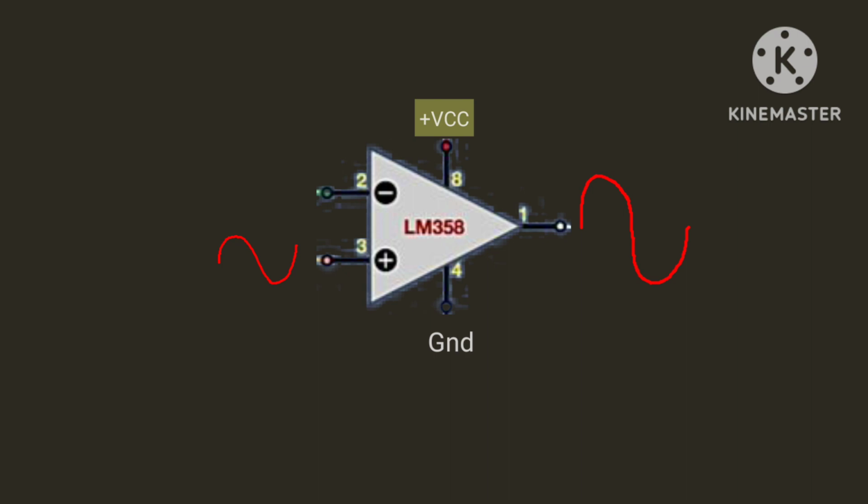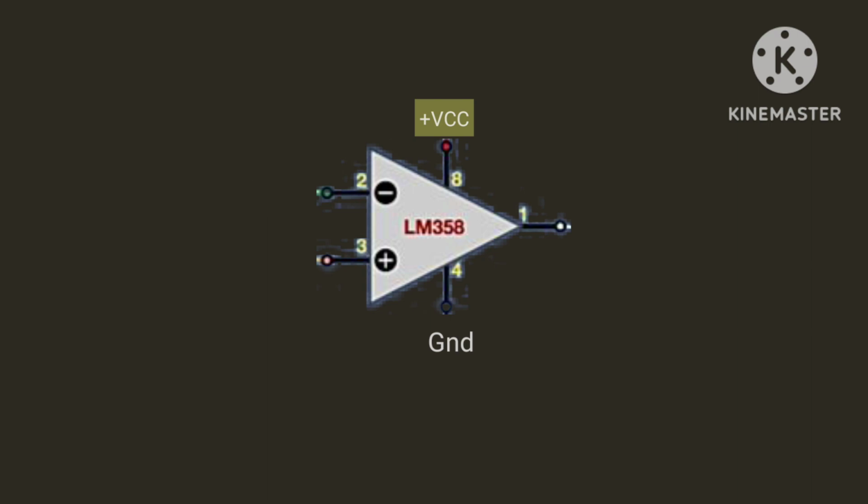But if we apply that signal at its inverting input, that signal will still be amplified at its output, but it will experience a 180-degree phase shift. The key point here is that op-amps are mostly used for amplifying signals.